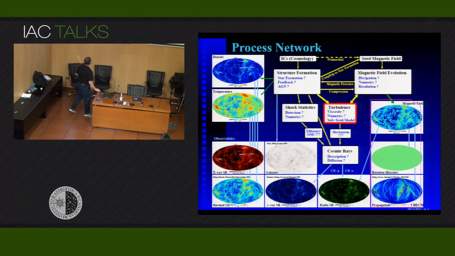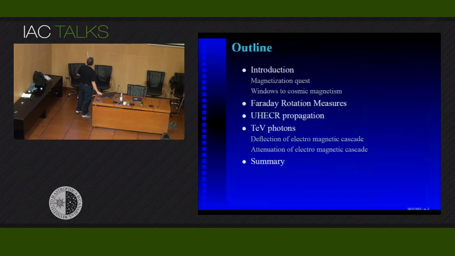So this lecture should, so to speak, stay in this phase space here, just discussing the magnetic field itself and rotation measurement again a little bit, and then a very current topic, the propagation of ultra-high-energy cosmic messenger particles, meaning either charged particles or even photons, and what we can learn about magnetic fields from that.